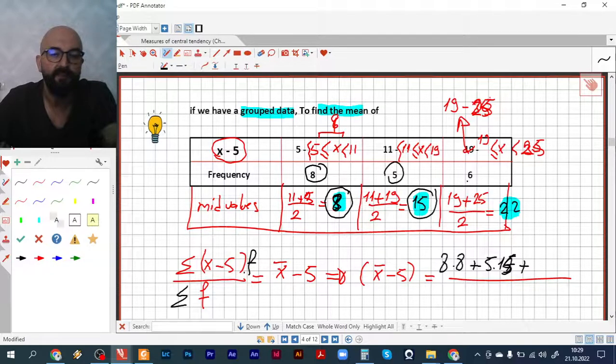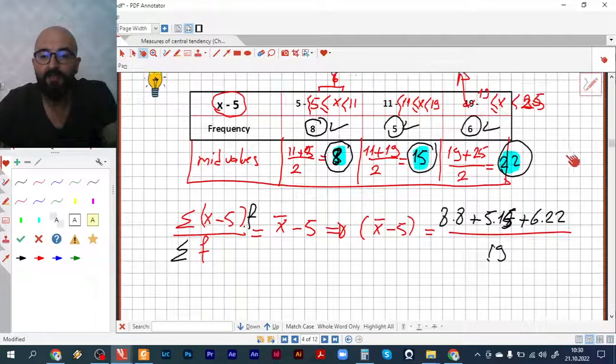And we have 6 values, and the third class mid value is 22, so the sum of the third class data is 6 multiplied by 22, over frequency. The sum of all frequencies is 13 plus 6, so 19.